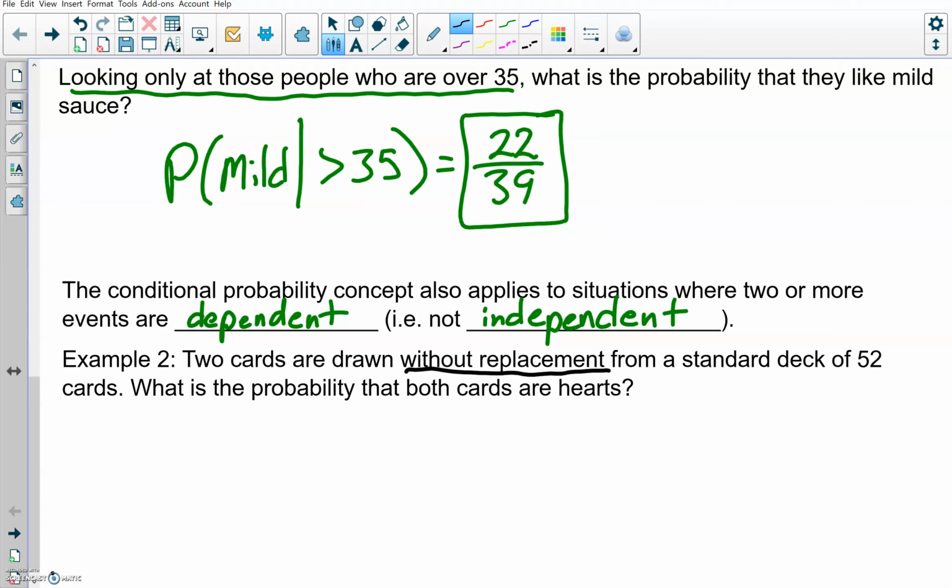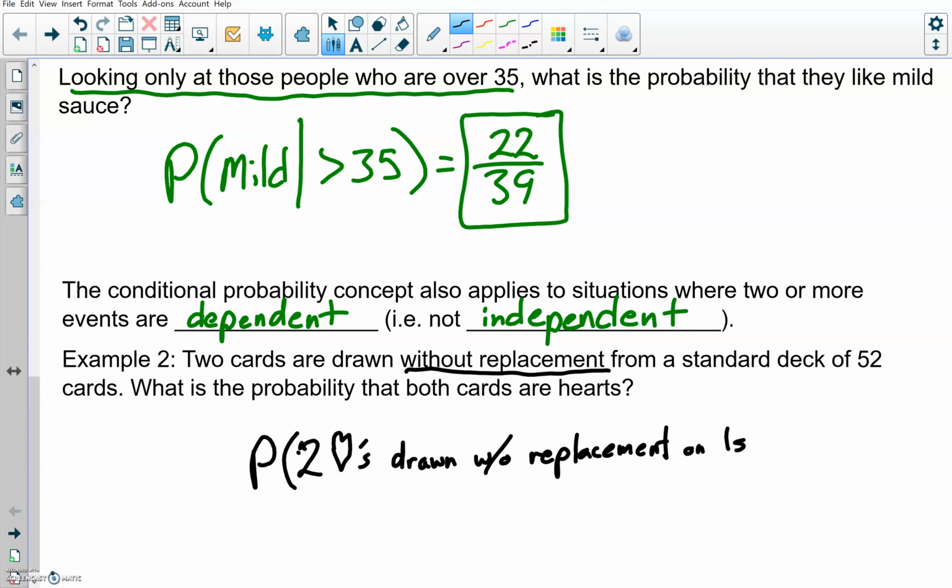So what we're looking for here is the probability of 2 hearts drawn without replacement. We don't even need to say "on first", we're not drawing after the second.